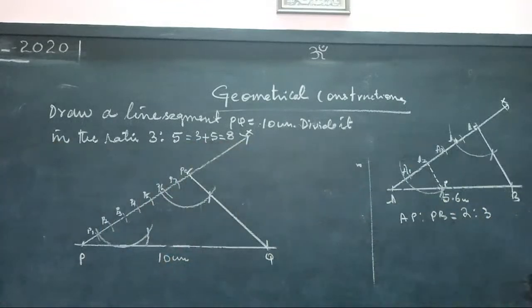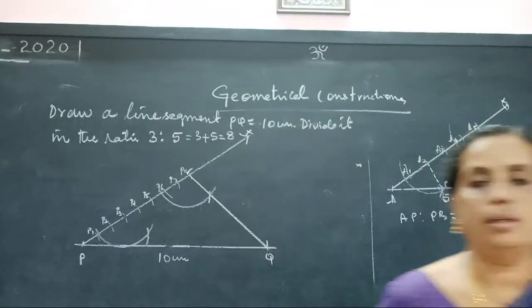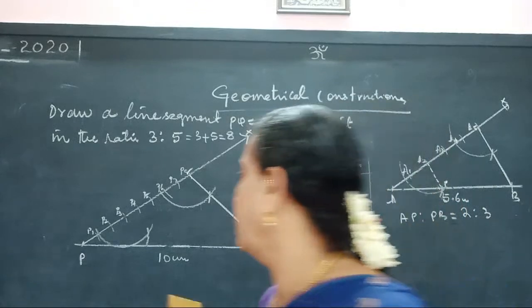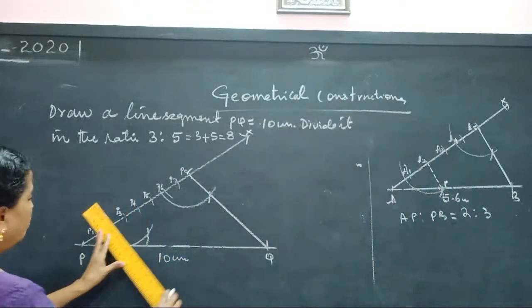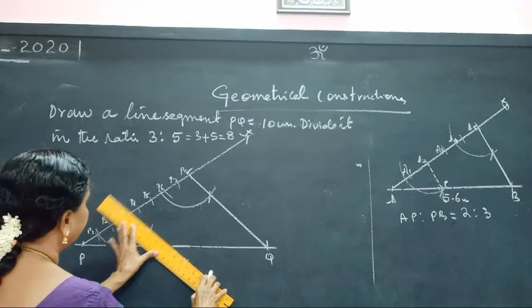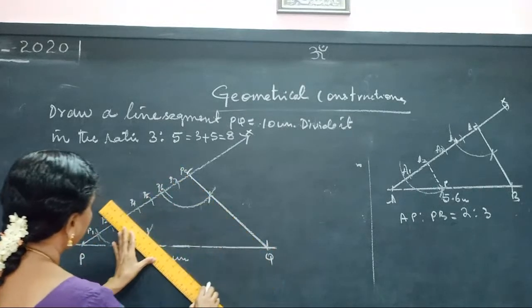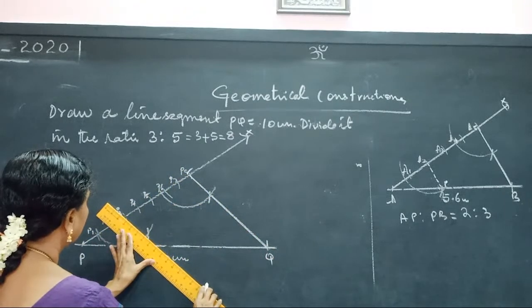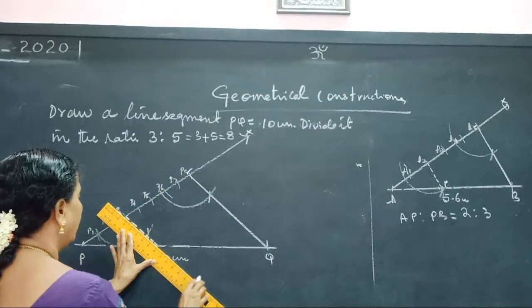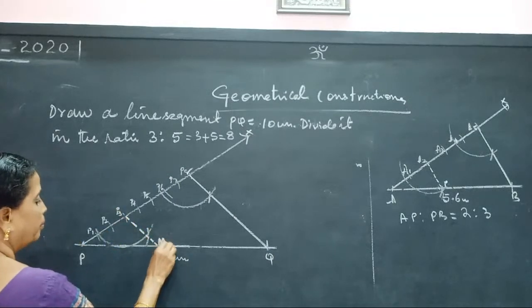When the corresponding angles are equal, the line must be parallel, by the converse of the corresponding angle theorem. So now, passing through P3, draw a line which is parallel, intersecting PQ at M.